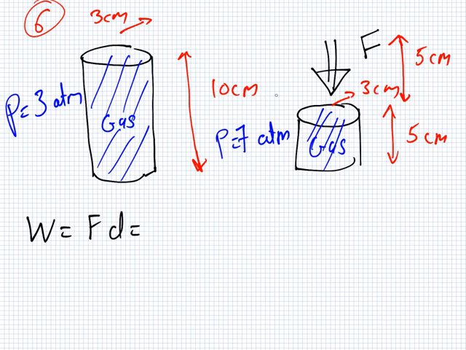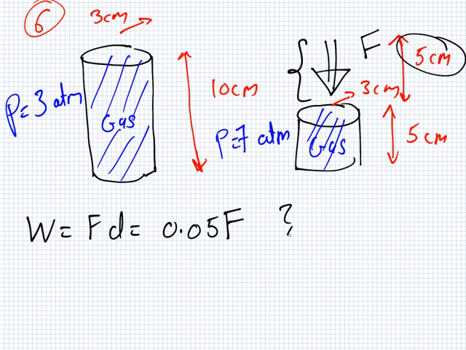And what's the distance the force pushed it? 0.05 multiplied by F. It pushed for 5 centimeters. But there's a problem if you do it this way. We don't know the F.